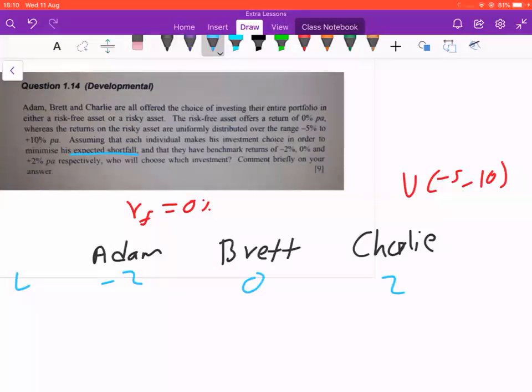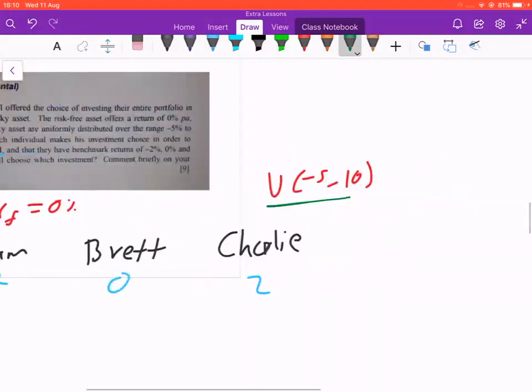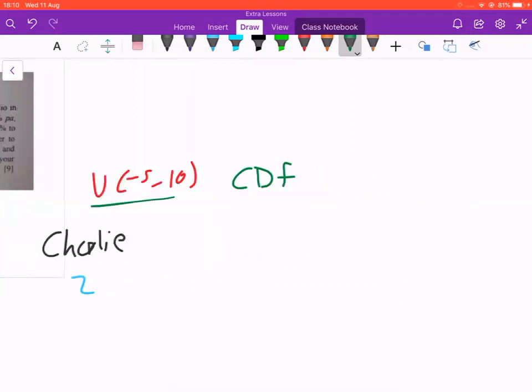So how do you find the probability for this one? The CDF is going to be this way.